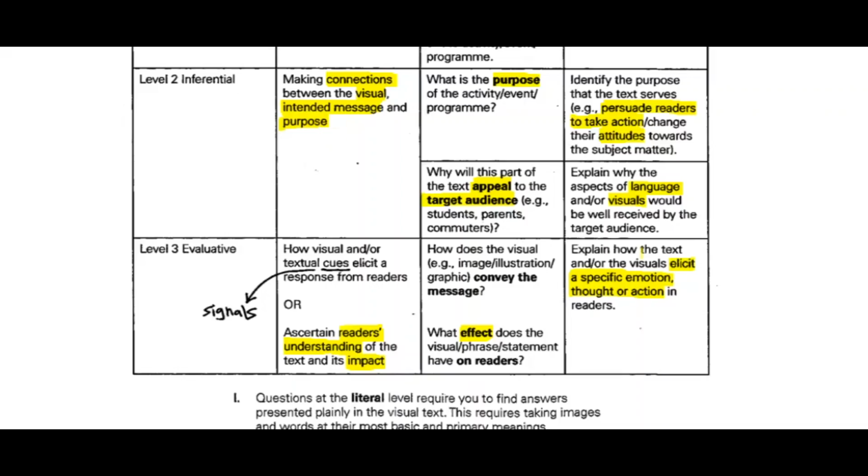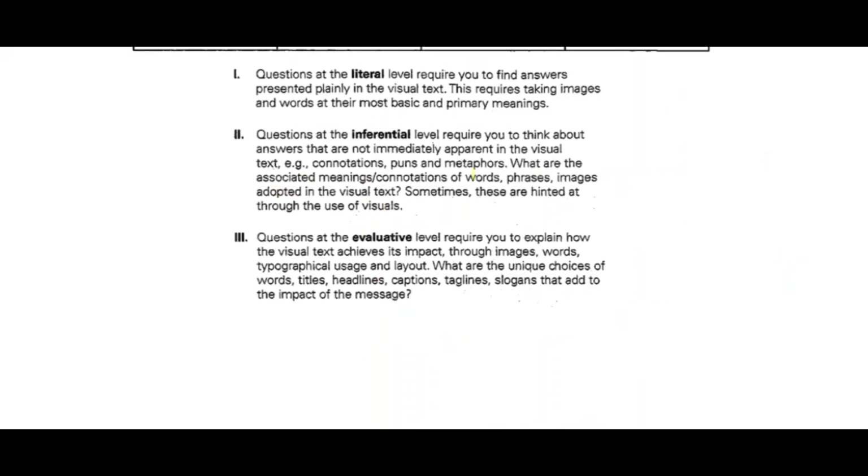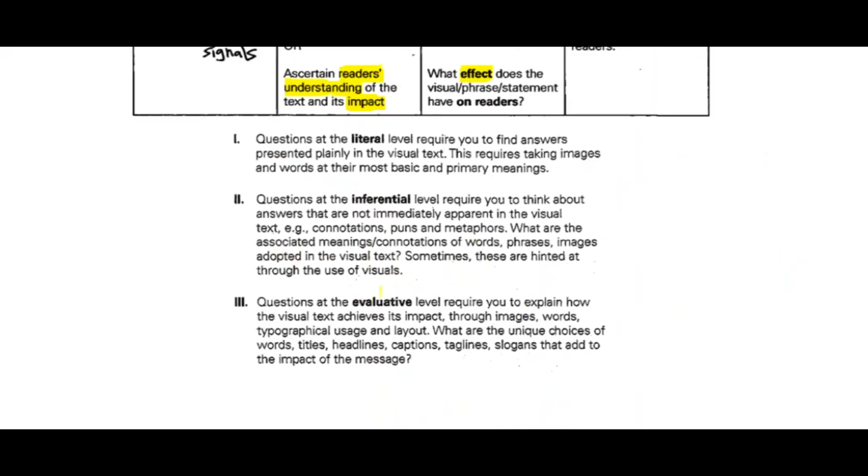And as a result, why would it be successful in bringing out a specific result within the reader or the target audience. So basically, questions at the evaluative level require you to explain certain things, right?